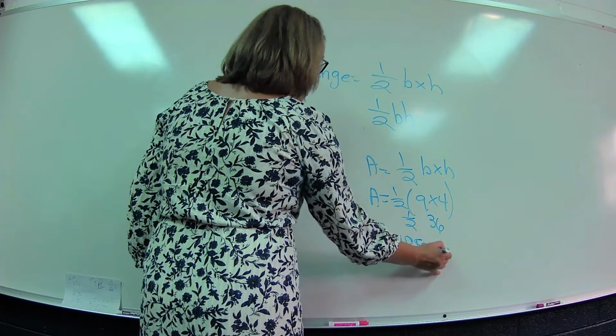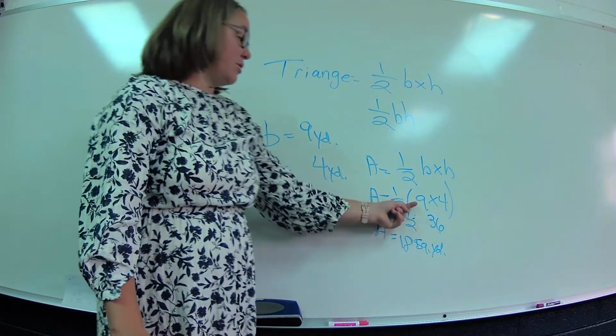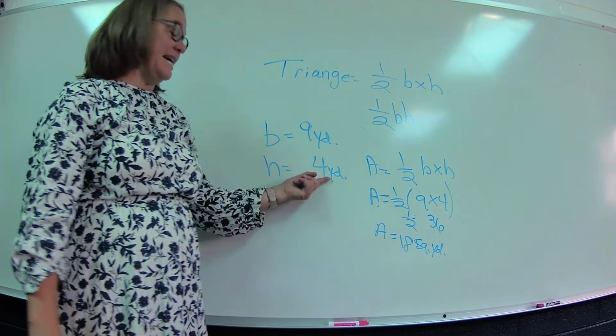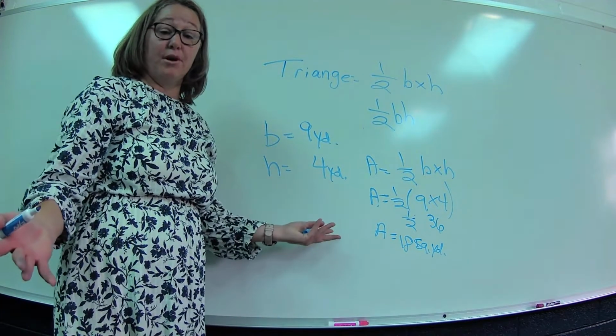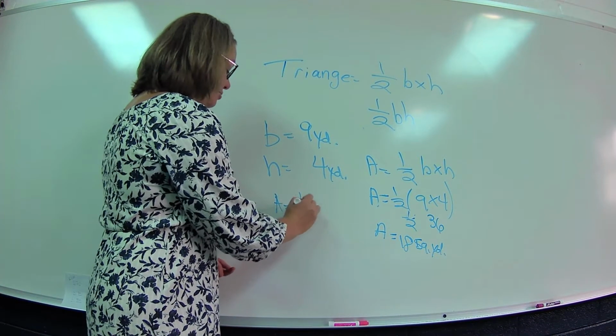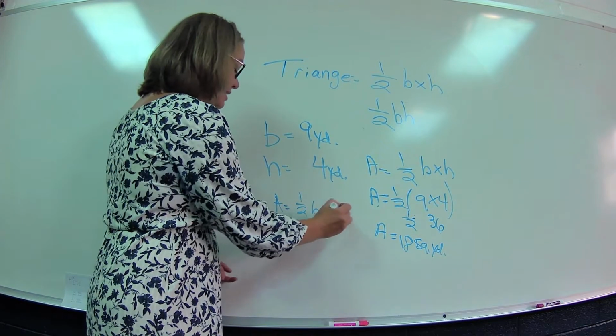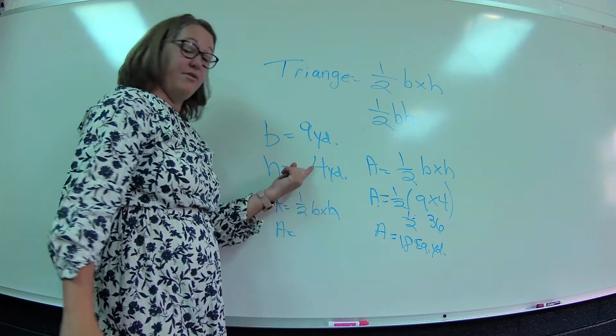But if I don't want to work out the whole thing like this, I can easily cut 4 in half, right? What's half of 4? 2. So I could do area equals 1/2 base times height, and then I could do area equals, I know that's going to be 2.